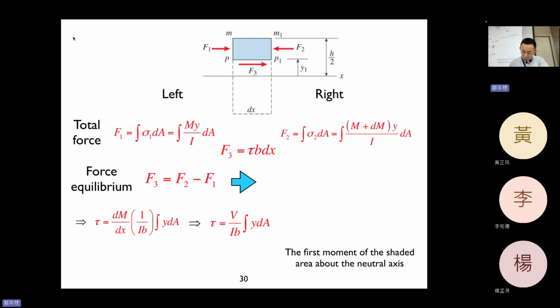So tau b dx equal to dM divided by I, y dA. So this is the result, and we are going to draw further.